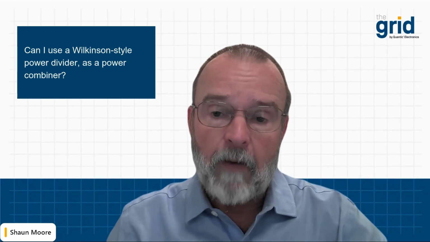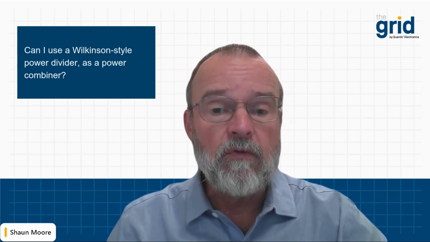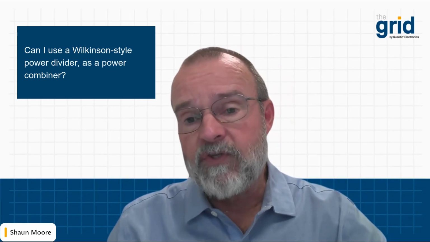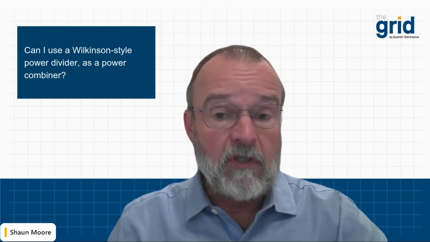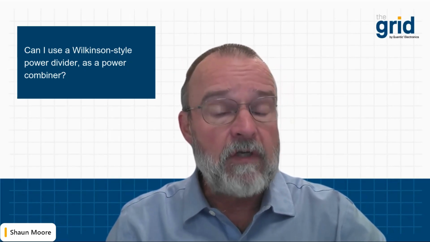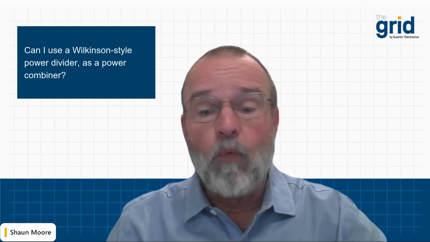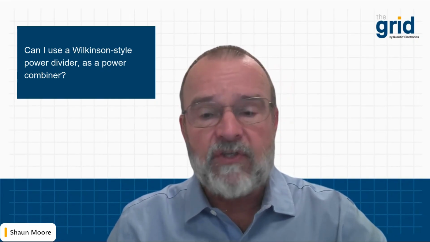For the combining operation, when the inverse happens and you're injecting two different signals into the outputs, the voltage across those resistors can be quite significant. In that case, you will get a significant amount of power dissipation internal to the resistor. Wilkinson style power dividers, by the way they're designed, need to have this balanced network.